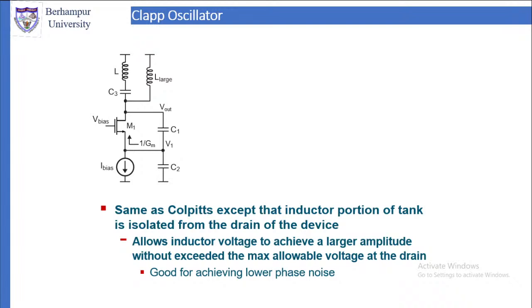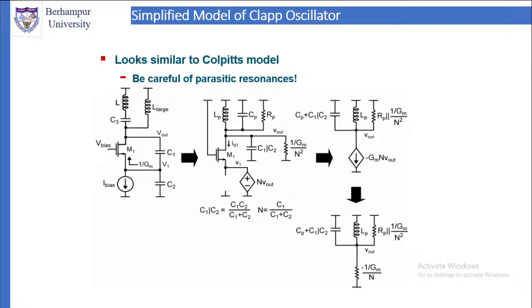This is good for achieving low phase noise. The simplified model is exactly the same as the Colpitts oscillator, only be careful with the parallel resonances. Otherwise, this is the same as the Colpitts oscillator.